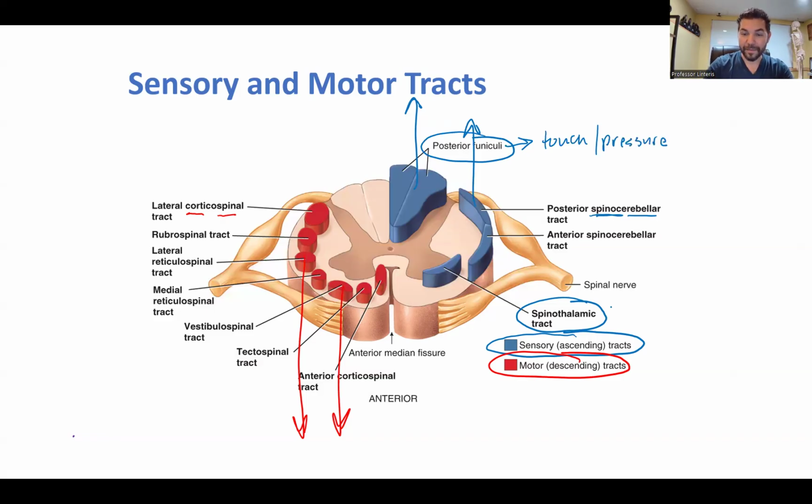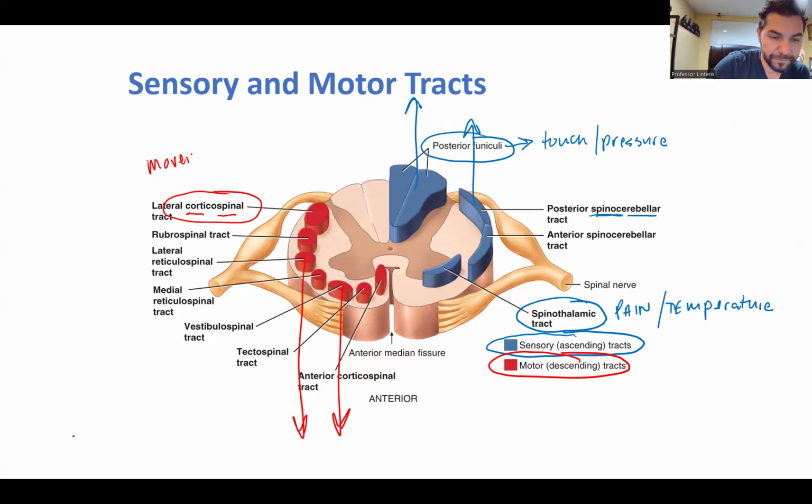The spinothalamic, pain, temperature, things like that. And in general, our corticospinal is a motor pathway. So it's going to be involved in movement, right?